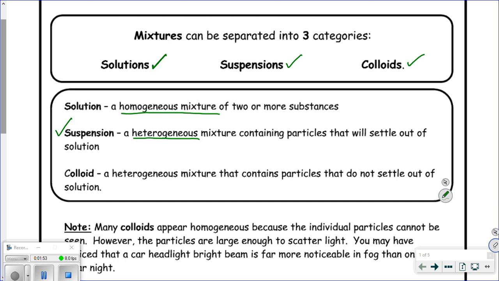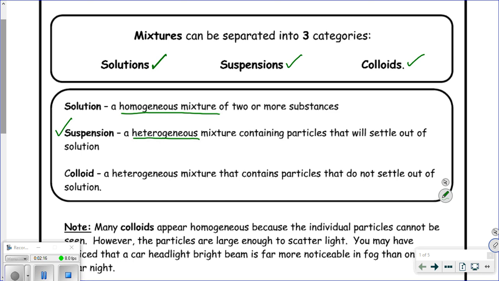It was a liquid. But if you ever noticed on the container, it would always say shake well before taking. That's because it was a suspension. When we shook it, the particles were temporarily suspended, and if you leave it long enough, the particles will float to the bottom. But after you shake it, it looks like it's a homogeneous mixture.